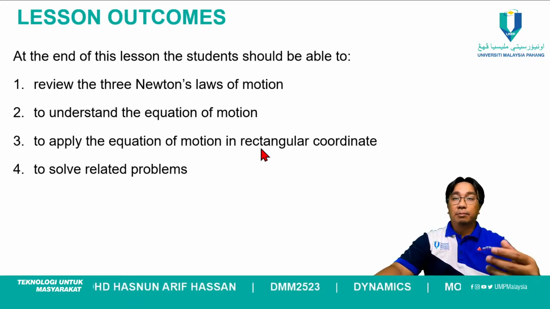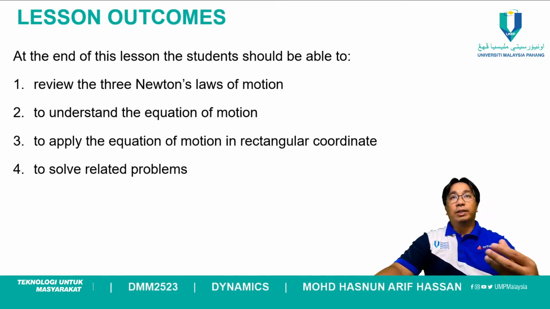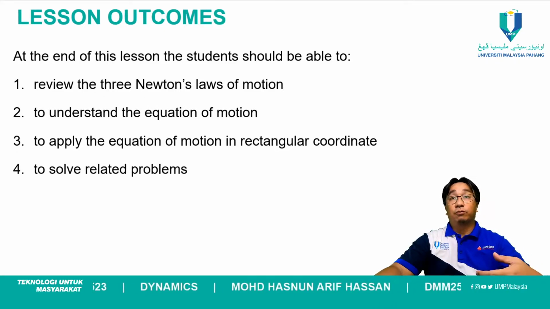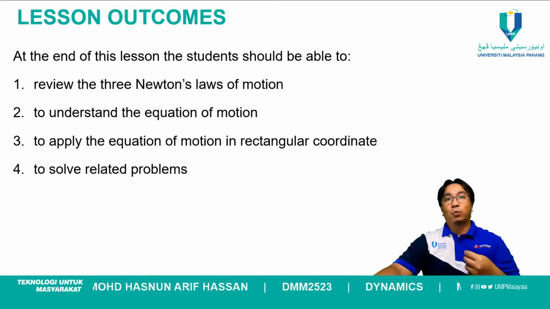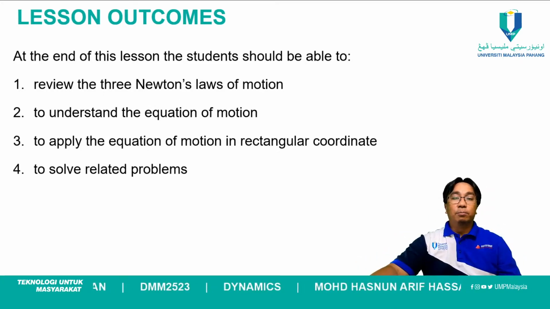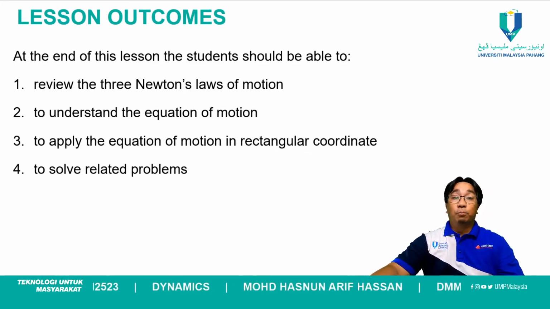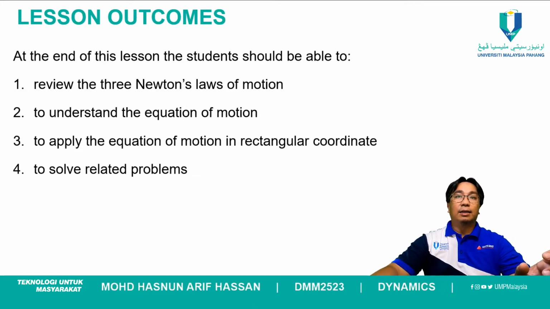In kinematics we have also discussed 3 coordinate systems, or 3 types of components. Rectangular coordinate is the normal xy component, the xy axis. Then you have normal and tangential components, that is the second, and the last one is cylindrical components.